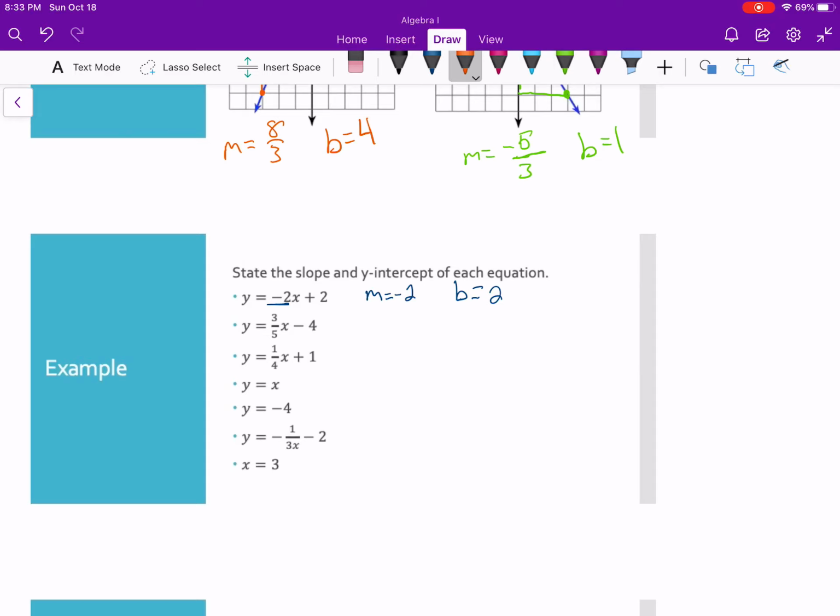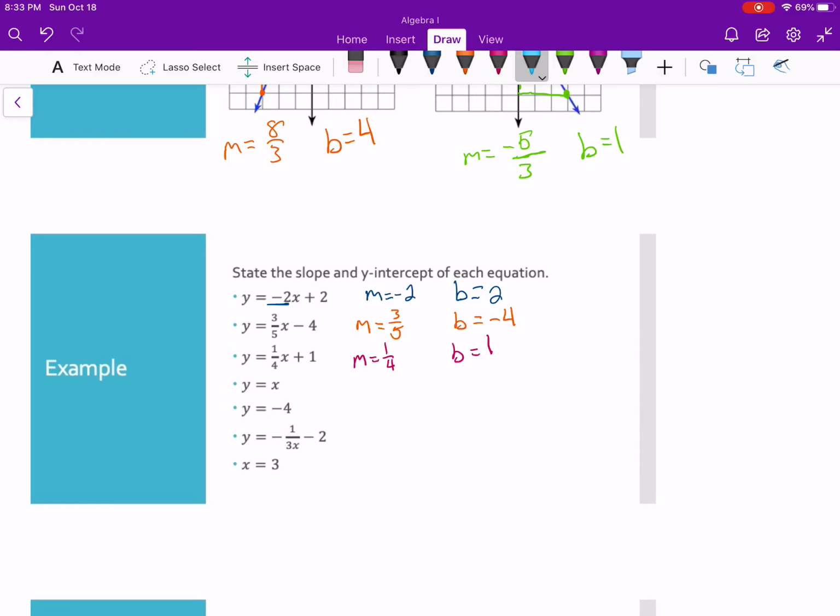All right, next one. Slope is the number right in front of the x, which is 3/5. That means our y-intercept is whatever is added or subtracted at the end, which is -4. Here our slope is going to be 1/4 because it's what's right in front of the x. Our b value is 1.